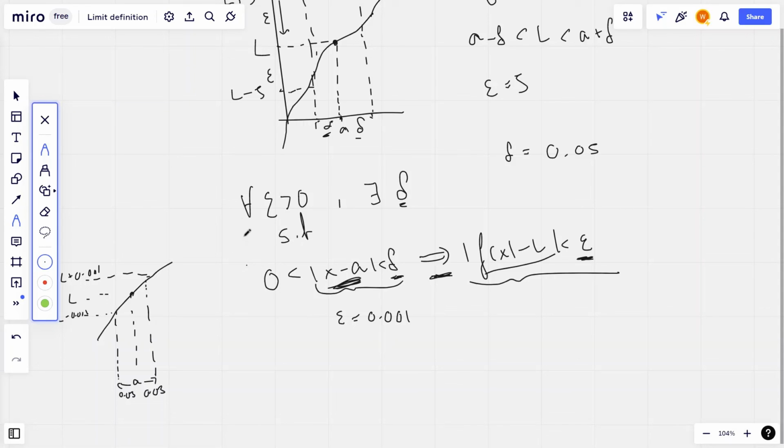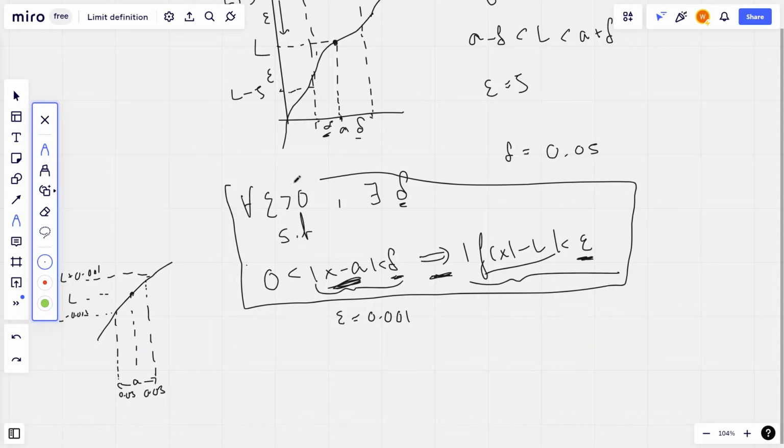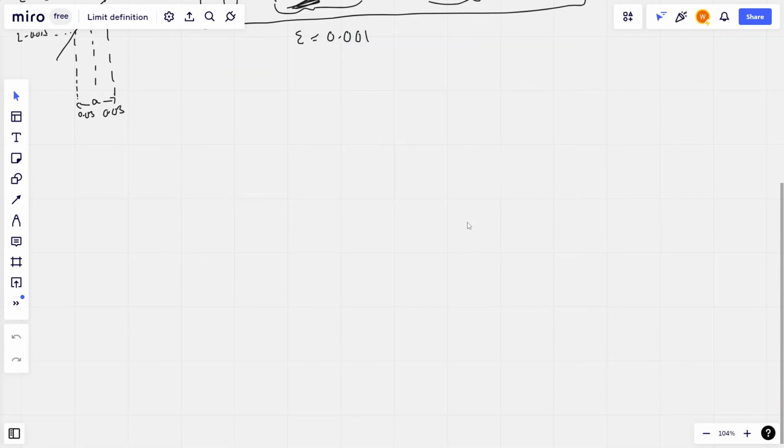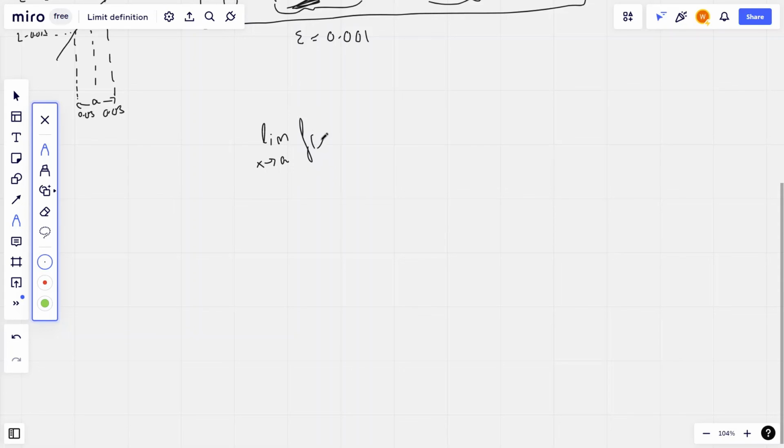And that is exactly where the limit definition comes from. We can write this compactly as saying the limit as x goes to A of f of x is equal to L.